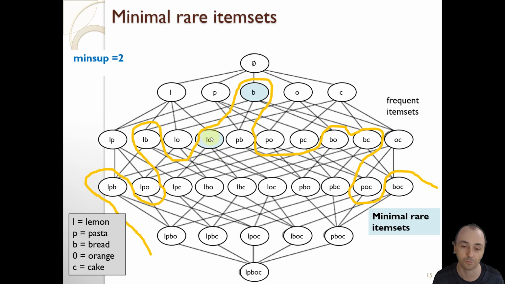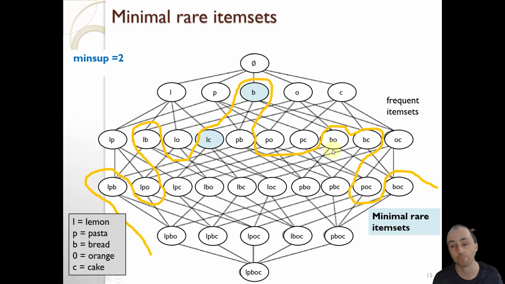The minimal rare item sets must always be close to this line that I draw, because the subsets must be frequent. Now let's take another example, like BO, bread orange. This one is not a minimal rare item set. Why? It is infrequent, this is okay, but the subsets are not all frequent.